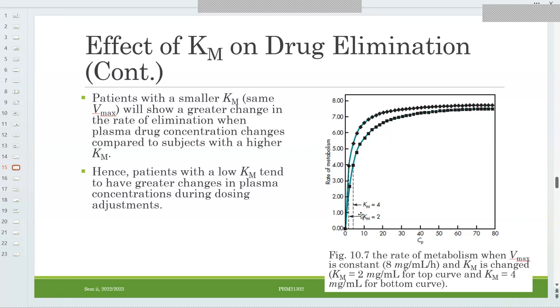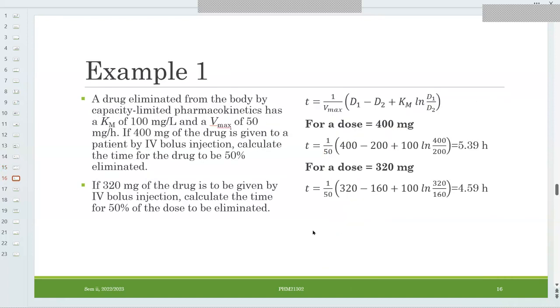So the rate of metabolism with lower Km will change more with the change in concentration. It will be affected more by the change in concentration compared to a higher Km value. So the lower the Km value, the higher the change in rate of metabolism with the change in concentration.